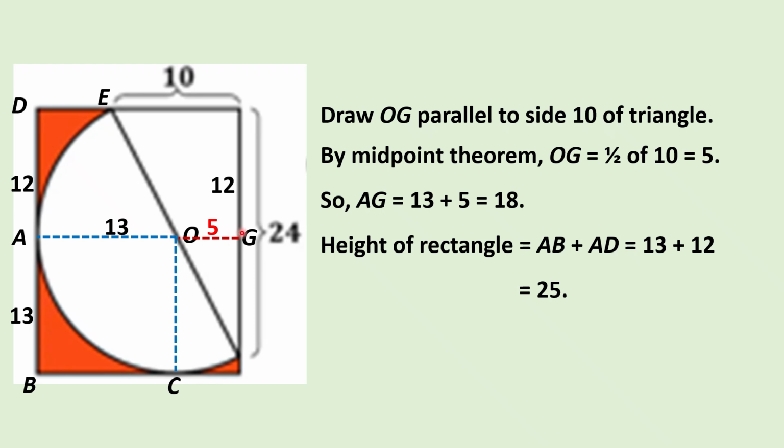So by midpoint theorem, the top part will be half of that, that is 12. So the total height is 13 plus 12, 25. AB 13, AD 12, which is half of the altitude of the right angle triangle. So vertically, the height of the rectangle is 25 units.